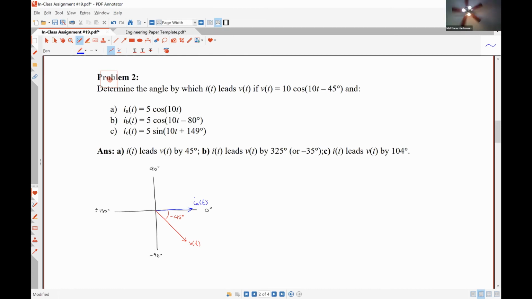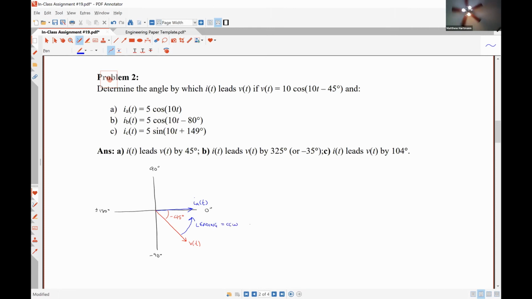Since we want to know the angle by which I_A leads V of t, we start measuring from V of t, and because we want leading, we're going to measure counterclockwise, I believe.